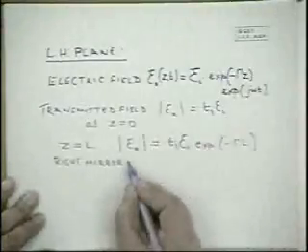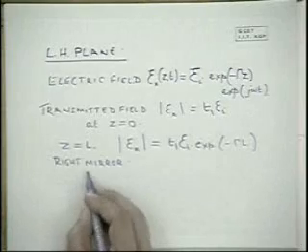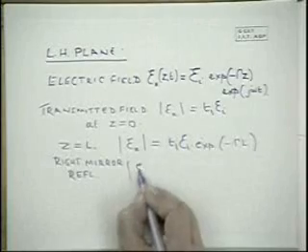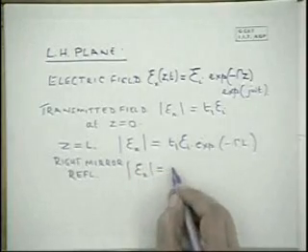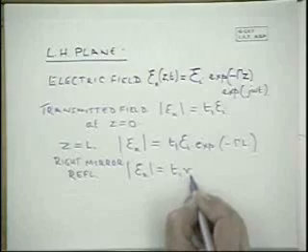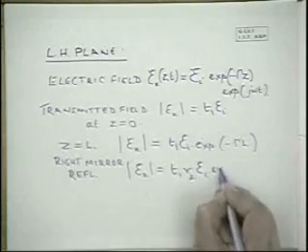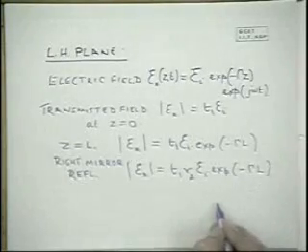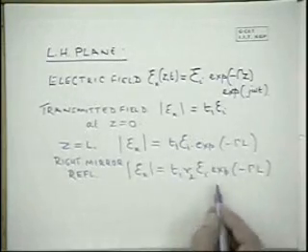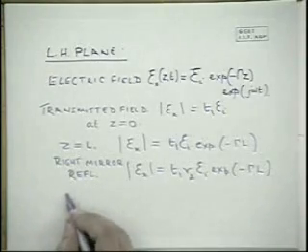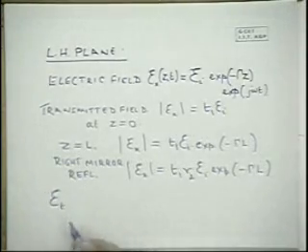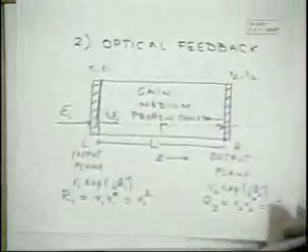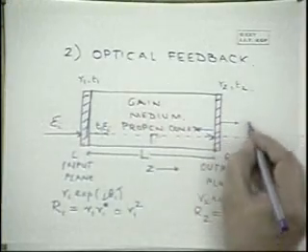So at the right mirror the reflected beam has the intensity Ex equal to T1 R2 EI exponential minus gamma L. This will continue, and finally, after a number of such reflections, we are looking at what will be the transmitted beam here.